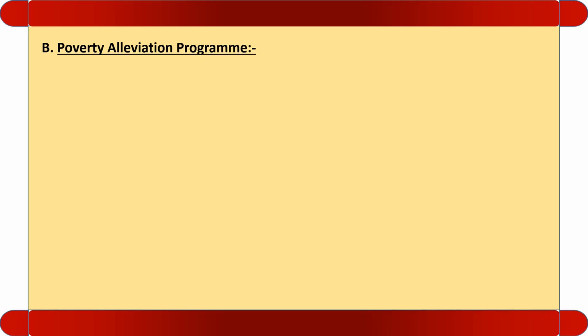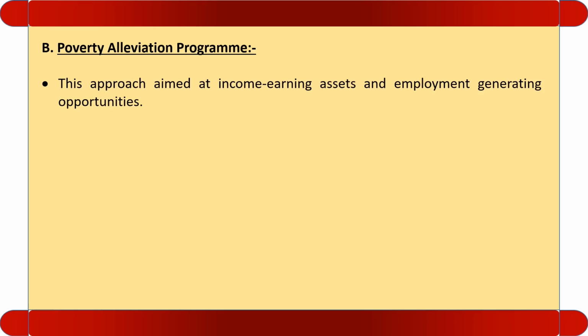So the next way to find a solution to the problem is the poverty alleviation program. This approach aimed at income-earning assets and employment-generating opportunities. Through the poverty alleviation programs, the government felt that to remove poverty from its very root is to generate employment among the people.